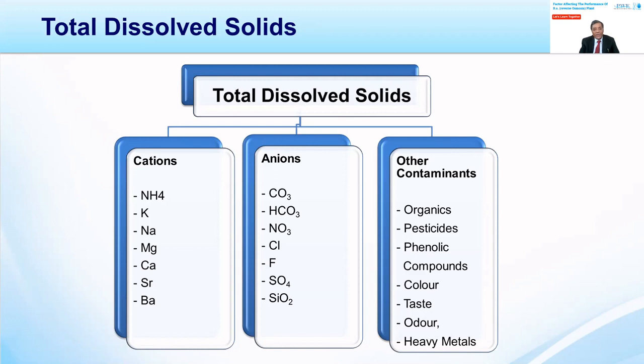That just gives us the idea, but it is most important for individuals or companies who intend to install RO plants that they must get the water analyzed with respect to its contamination, especially total suspended solids and their nature, and then the total dissolved solids and their nature, what type of contamination is present, and the other contaminants, which are organic pesticides, phenolic compounds, color, taste, odor, and heavy metals.